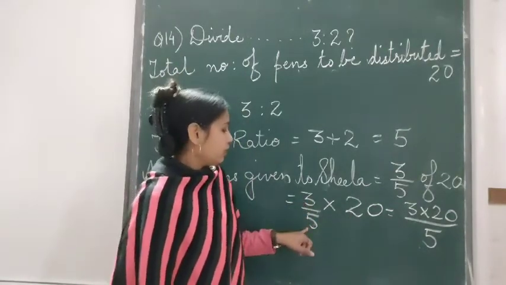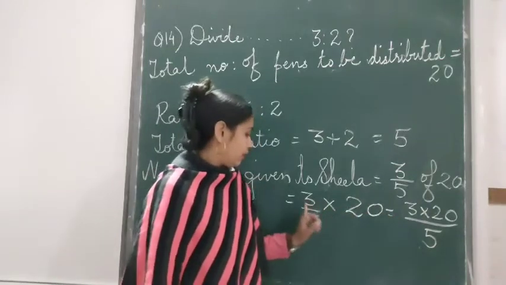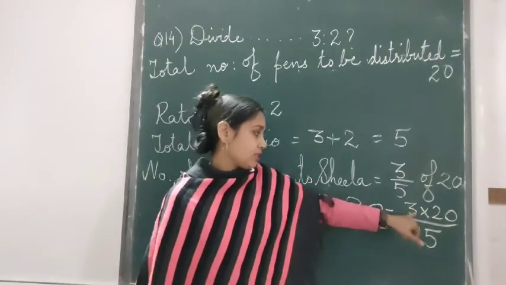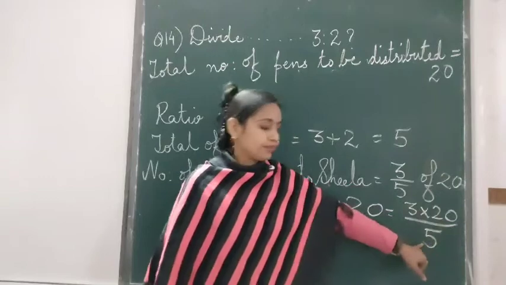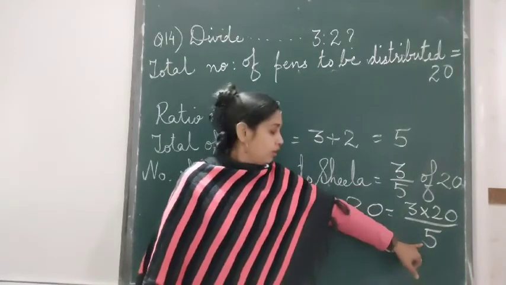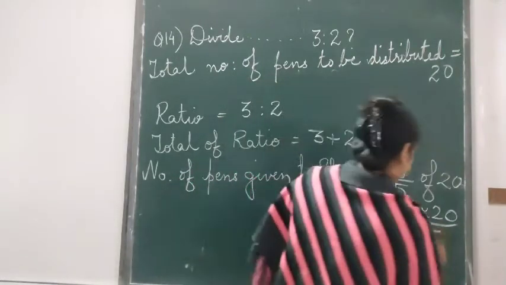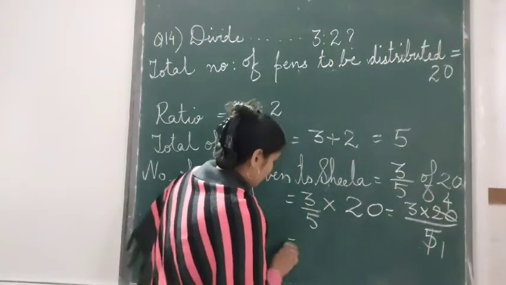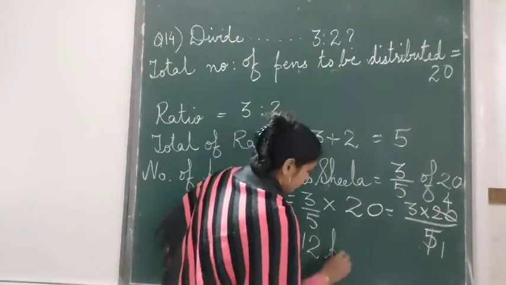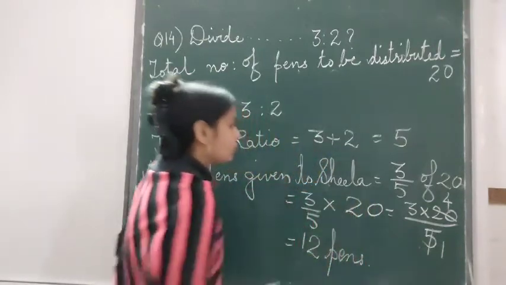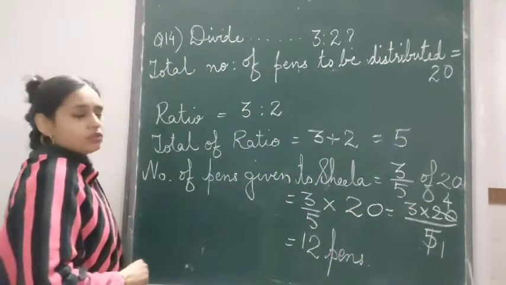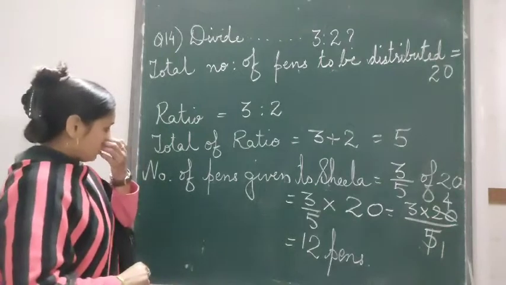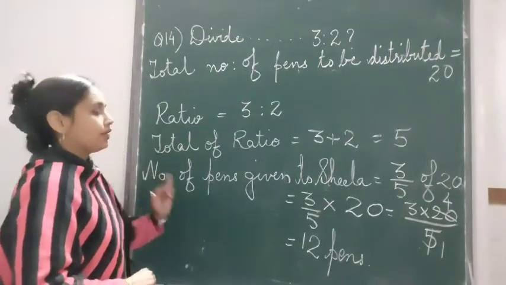Now 5 and 20 can get cancelled. 5 ones are 5, 5 fours are 20. 3 fours are 12 pens.